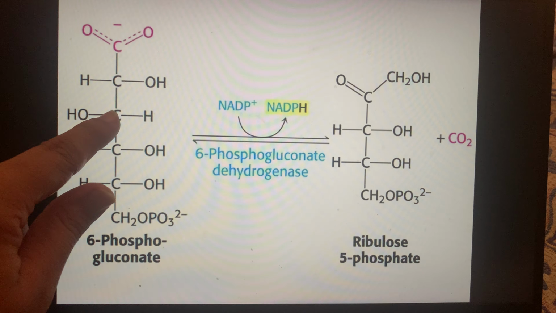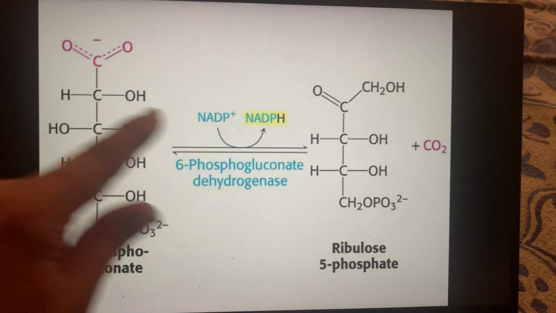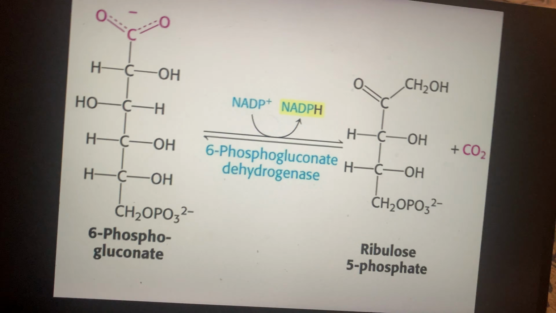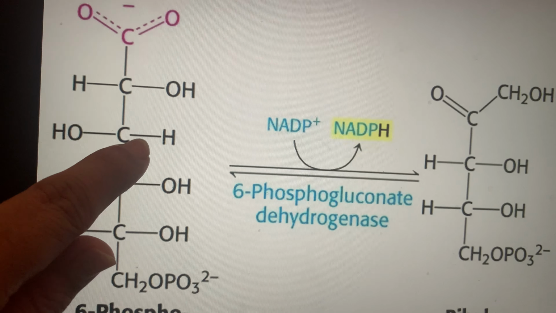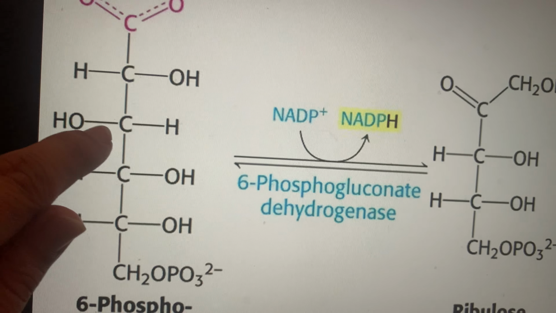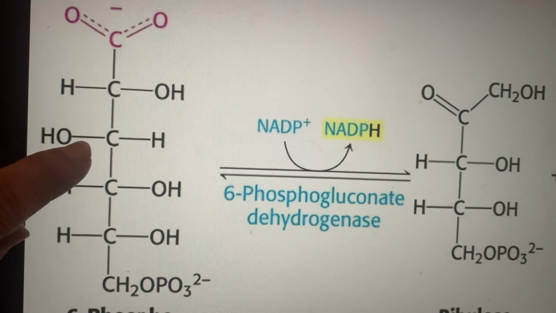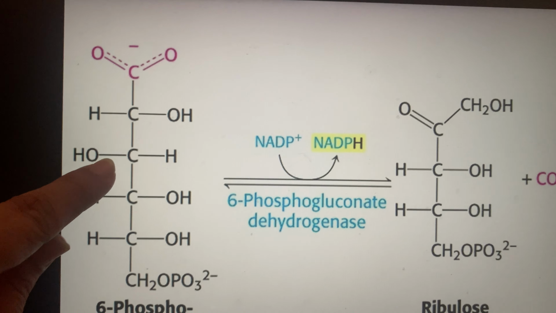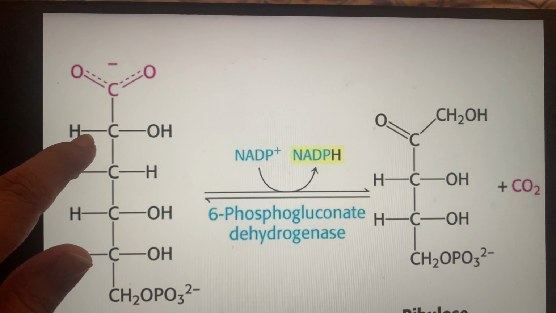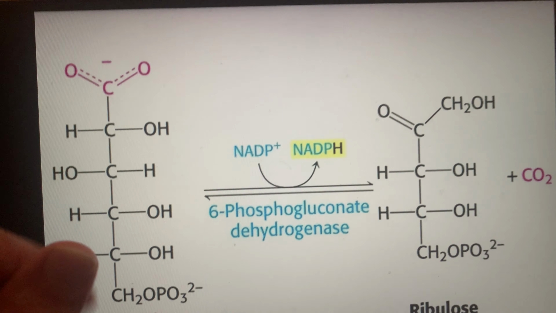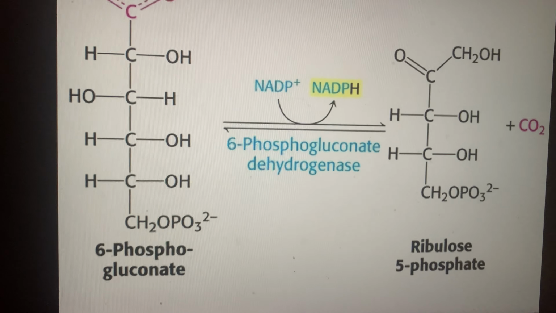Bond splits from here. From here hydrogen goes into here, this bond is again broken, and the double bond comes this way, right, and this bond breaks, and this hydrogen goes with the CH to form CH2OH to balance the whole product.